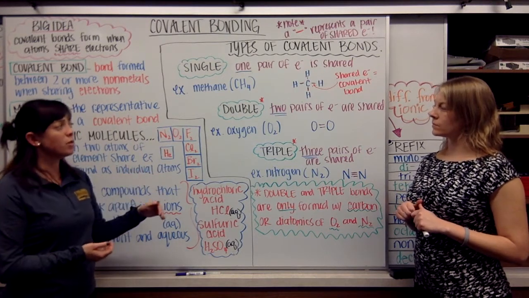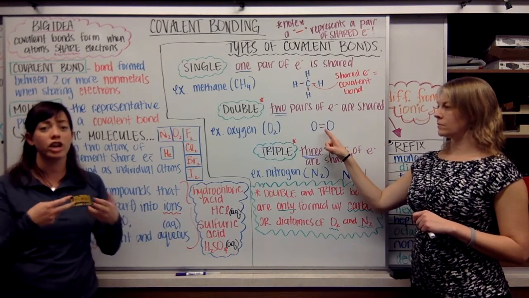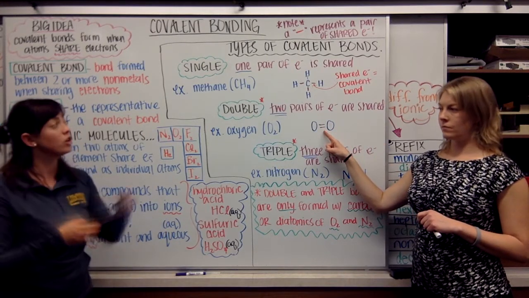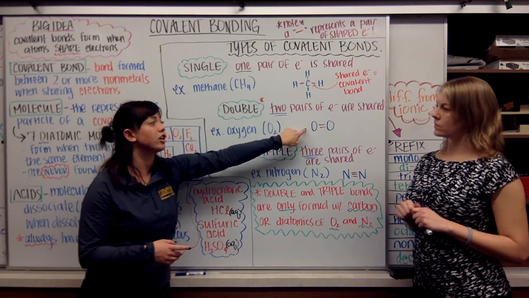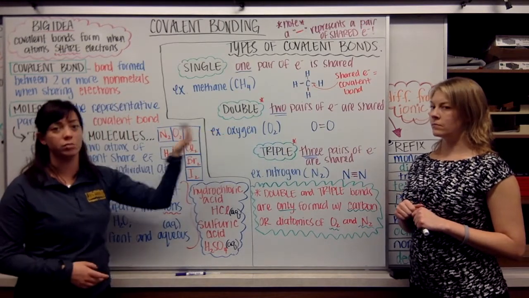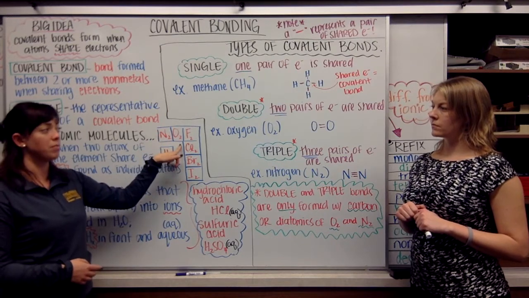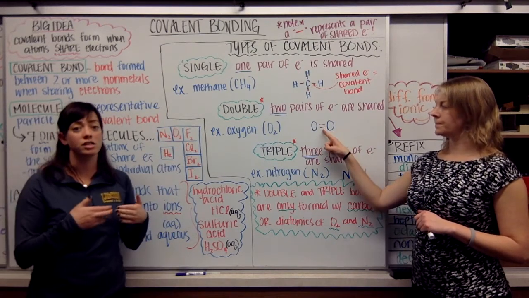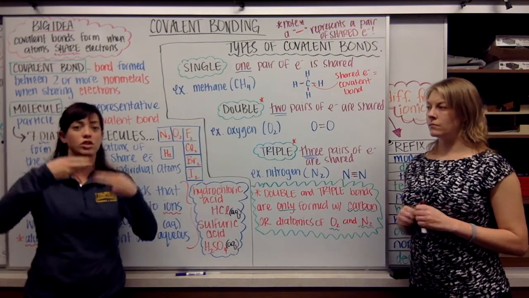A double bond is when 2 pairs of electrons are shared by the same two atoms. We were talking about oxygen before as one of our 7 diatomic molecules, and it actually has a double bond with itself, so together it's sharing 2 sets of 2 electrons.